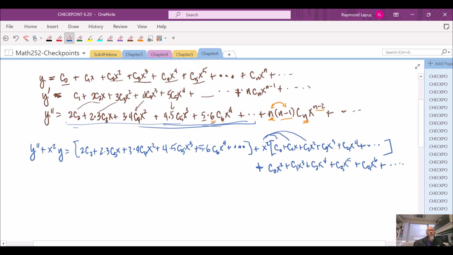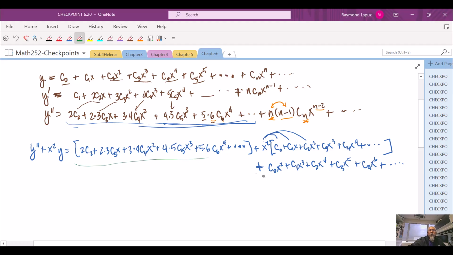Okay. Now, between this polynomial and this polynomial, infinite polynomials, I want to combine like terms. All right, so the first two terms here are the constant term, 2c sub 2, and the linear term, 2 times 3c sub 3 times x.